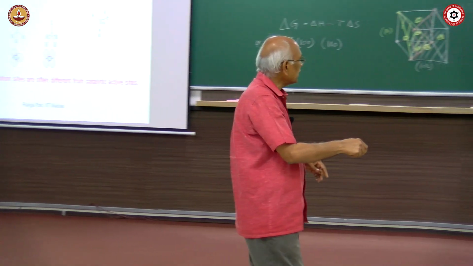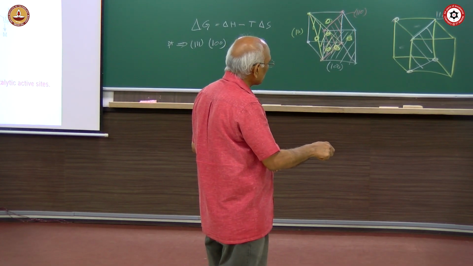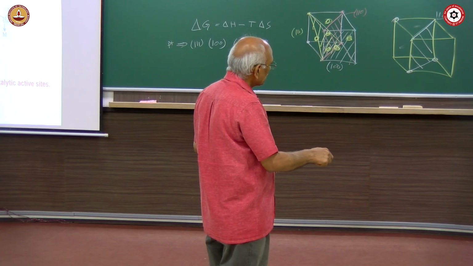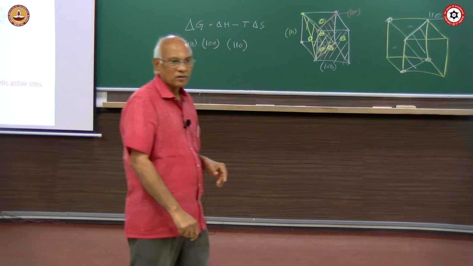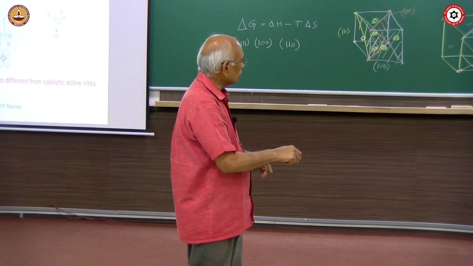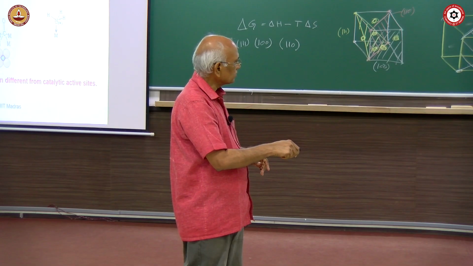Similarly here, if you see, this is a metal carbonyl. The carbon monoxide can interact with one single atom, or two atoms, or three atoms, or four atoms. You end up getting four different adsorption species here. How do you distinguish them?